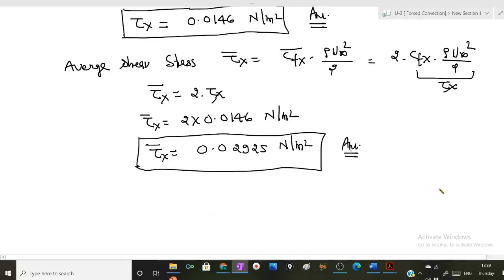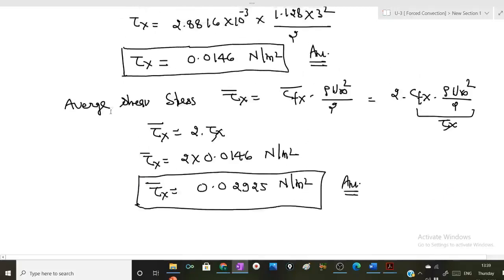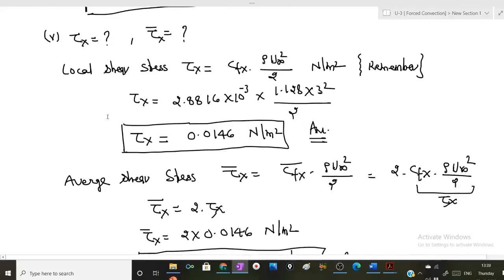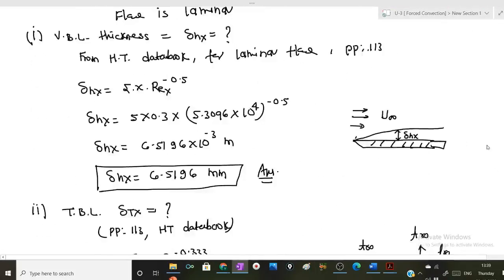This will be the answer of point number 5, local shear stress and average shear stress. What is next?